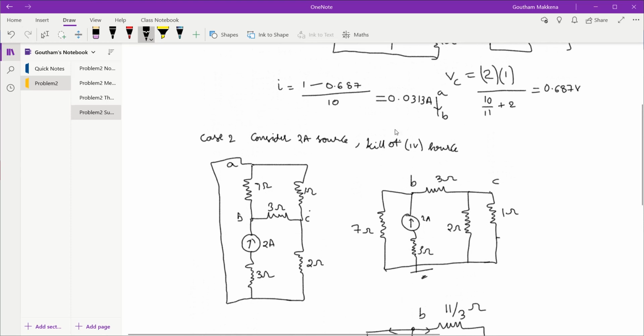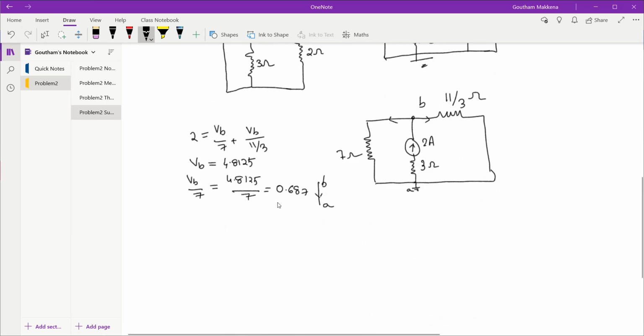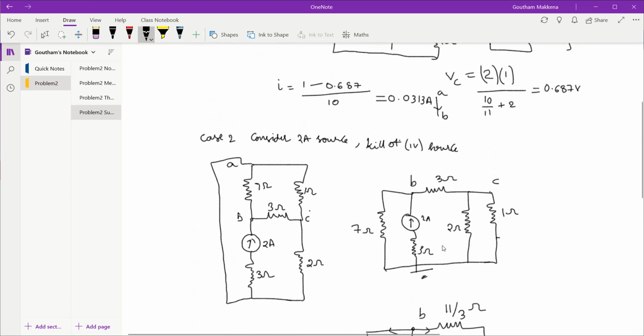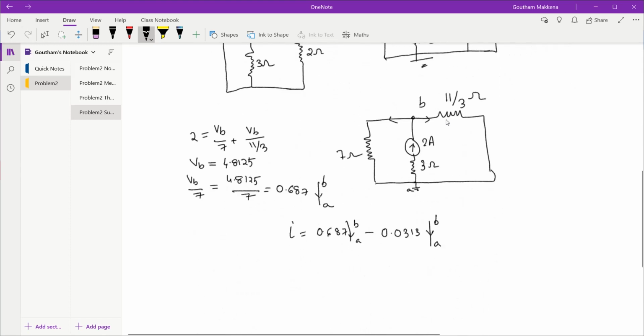If we see here, in case 1 the current through the 7 ohm resistor is 0.0313 and the direction is from A to B. But in the second case, the current is 0.687 and it is flowing from B to A. So in effect, the current now is 0.687, flowing from B to A. Because I have to have the same direction, I have modified the value 0.0313 flowing from A to B as minus 0.0313 flowing from B to A.